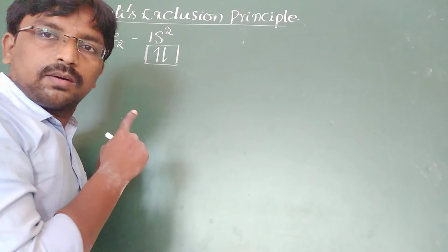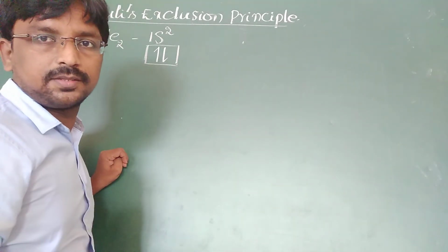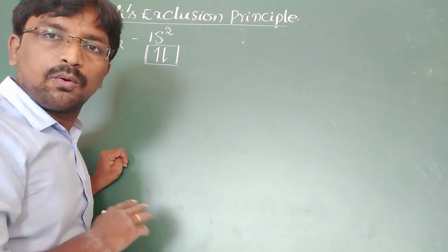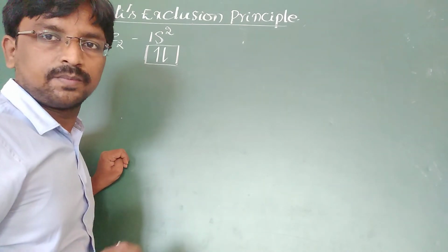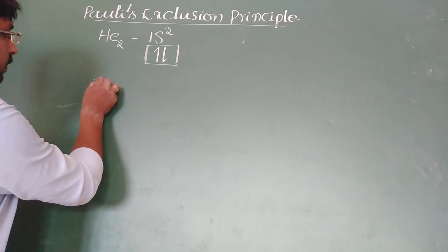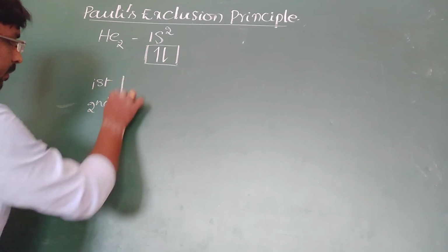If you observe the four quantum numbers for these two electrons, there will be some changes. No four quantum numbers will be the same for these two electrons. Suppose this is the first electron and this is the second electron.